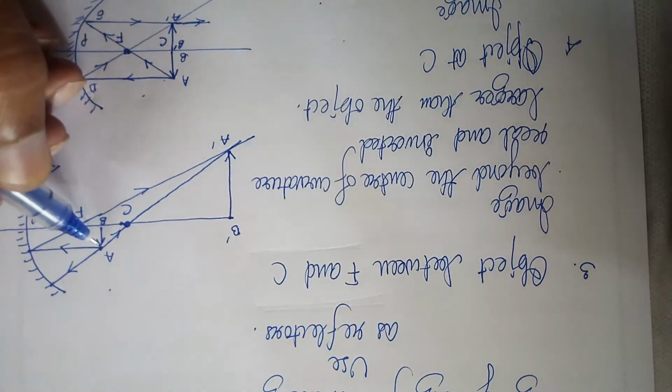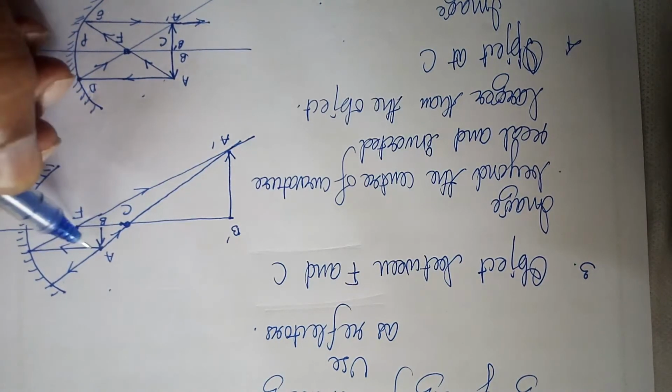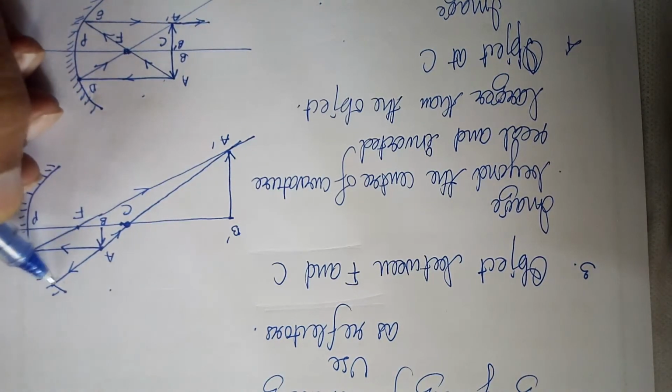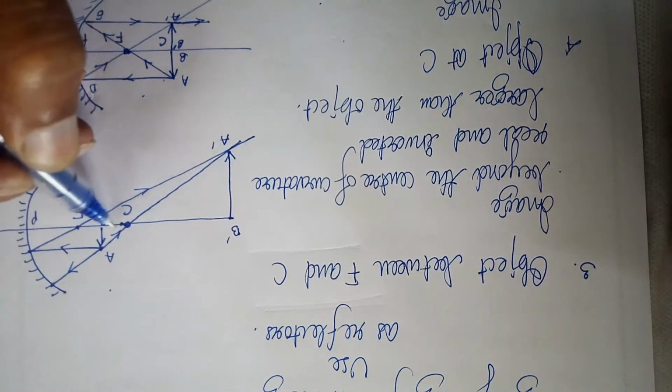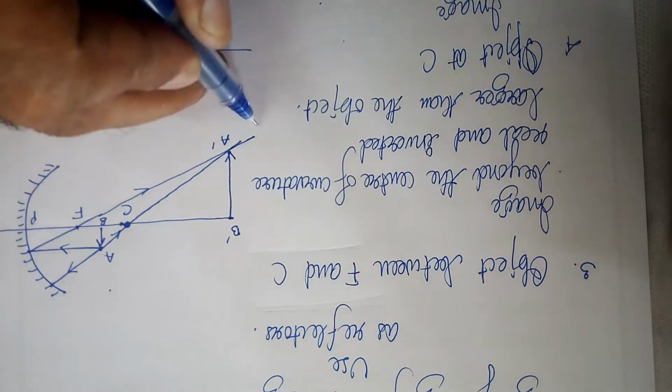And let us consider another ray of light passing from A and hitting this point of the concave mirror, and it will retrace and pass through the center of curvature.